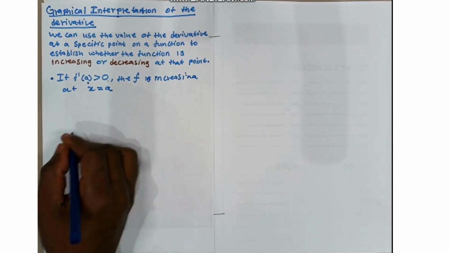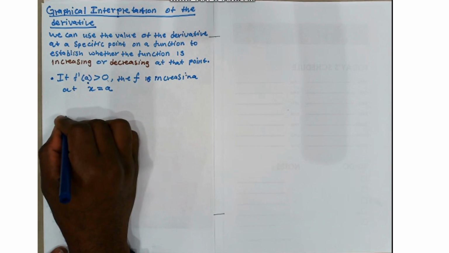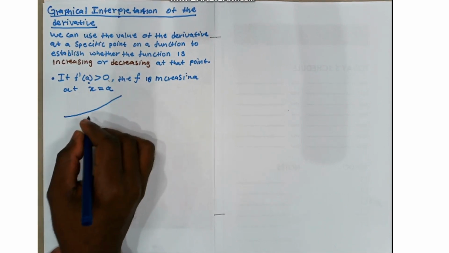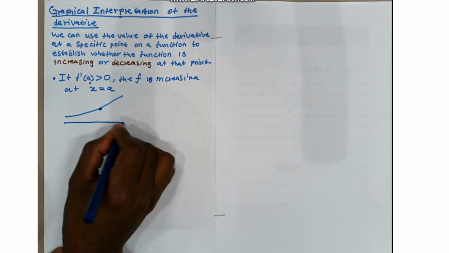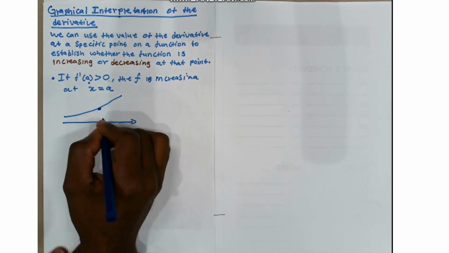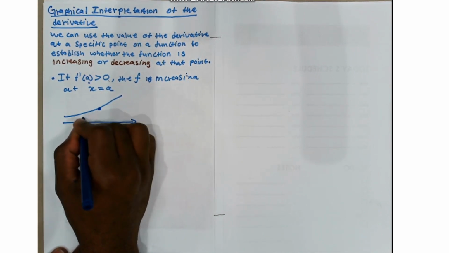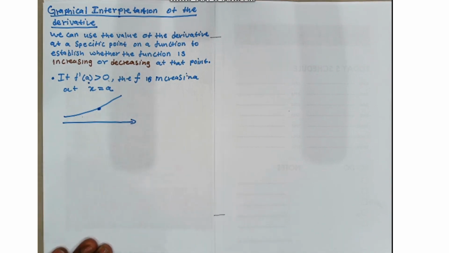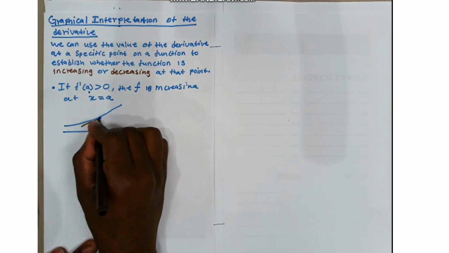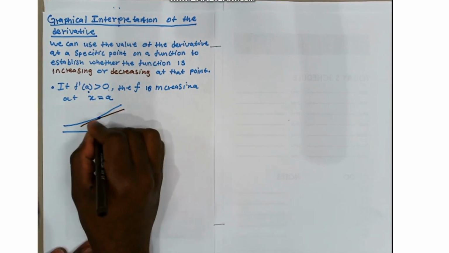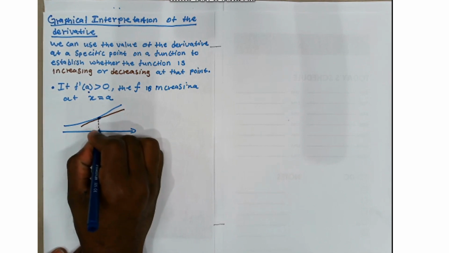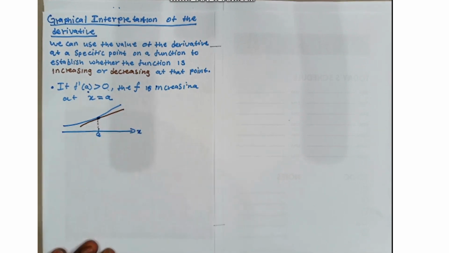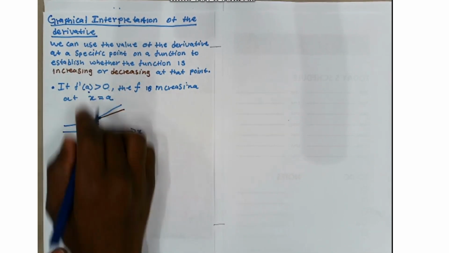Let me just draw a graph for you. I'm just going to show the x-axis only. This is going to be our tangent, and we have a point a here. This is our x values, and the y-axis will have y values.